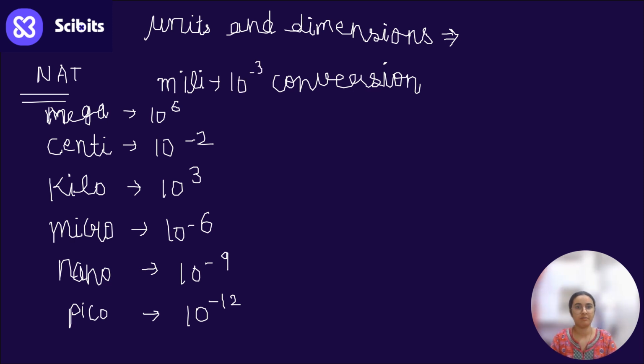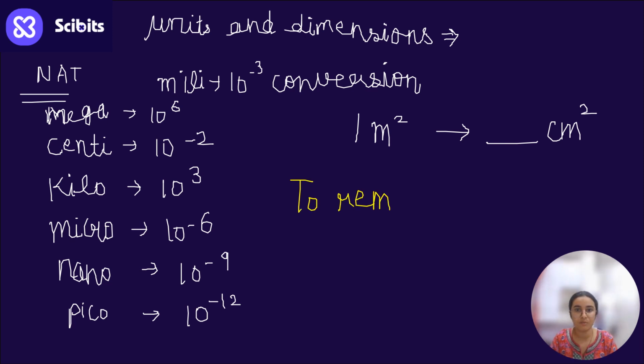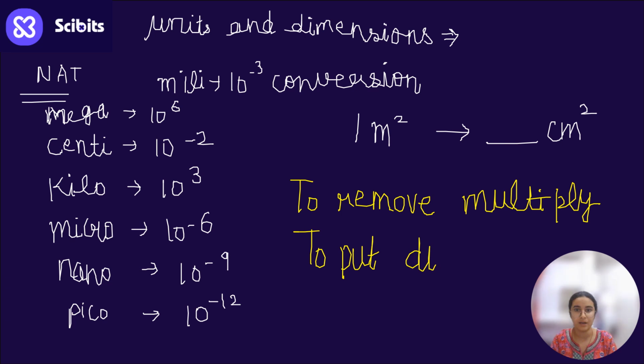Okay, so let's say I have to convert 1 meter square to centimeter square, how am I going to go about it? You just have to remember a simple rule: to remove, multiply, and to put, divide.